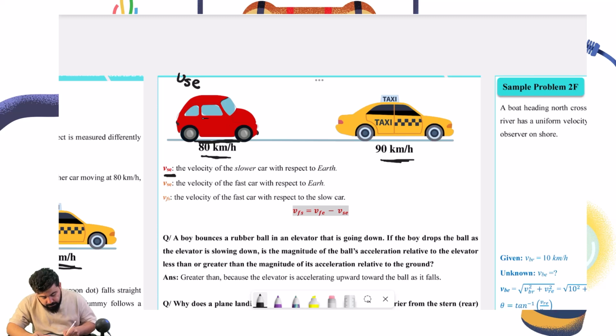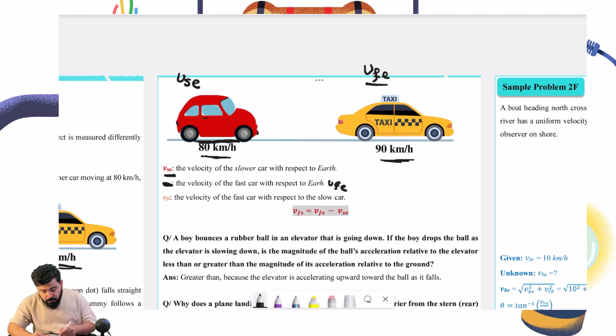This car here, this is not VSE, by the way, it is VFE, the velocity of the fast car relative to Earth, equal to 90 kilometers per hour.